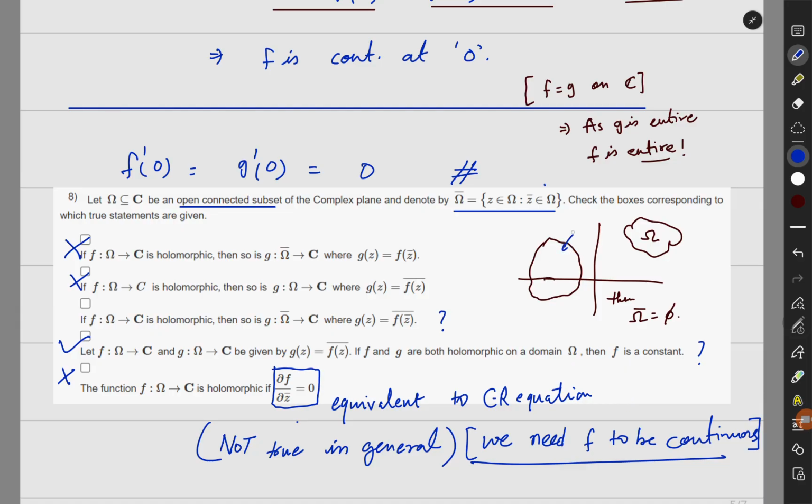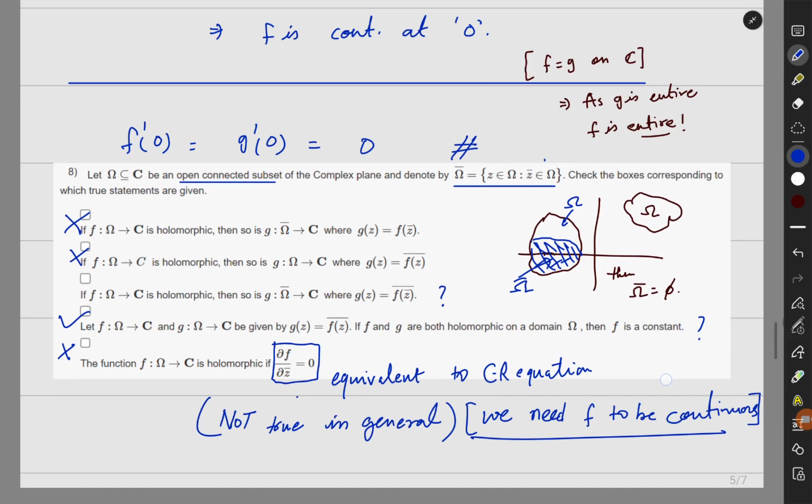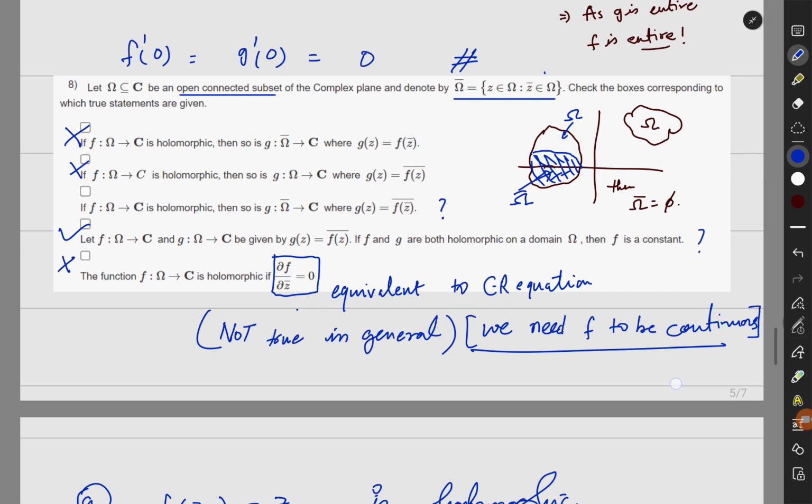if this is omega, this part will be omega bar, and omega bar is an open subset of omega.